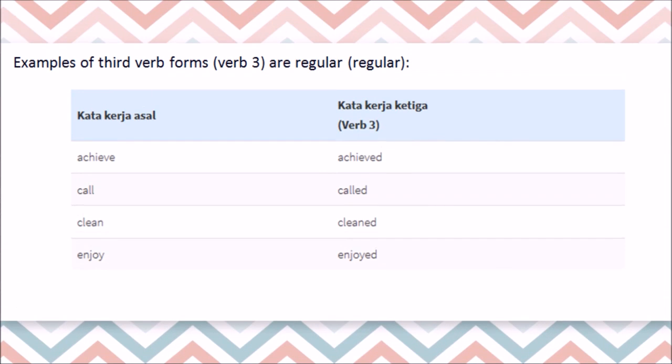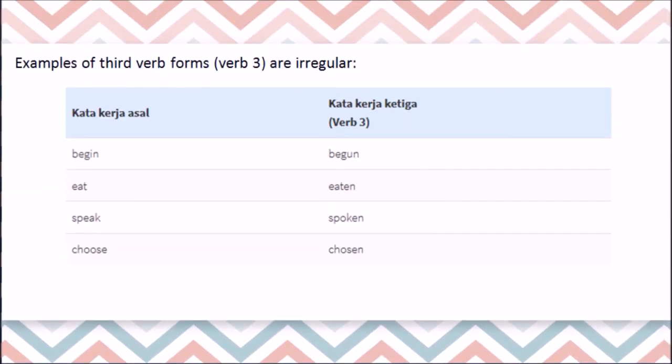Examples of third verb form that are regular: call menjadi called, clean menjadi cleaned, enjoy menjadi enjoyed. Examples of third verb form that are irregular: begin menjadi begun, eat menjadi eaten, speak menjadi spoken.